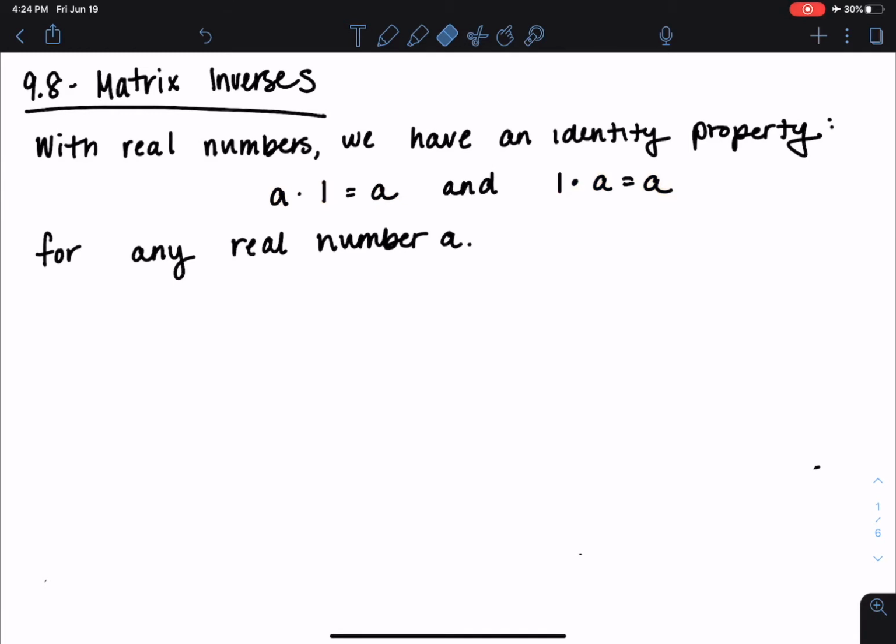For matrices, we want to come up with the same type of process or same type of matrix. For matrices, we want to make a similar extension. So is there a matrix I can multiply A by to always get A back? And it doesn't matter which side we do that multiplication on.